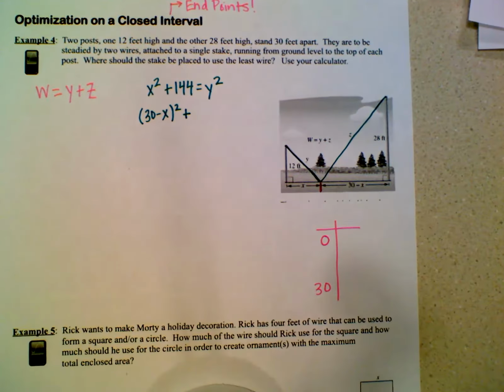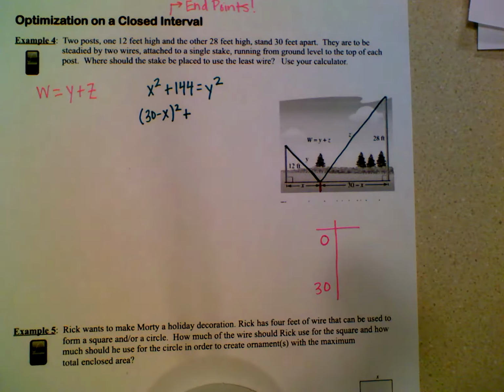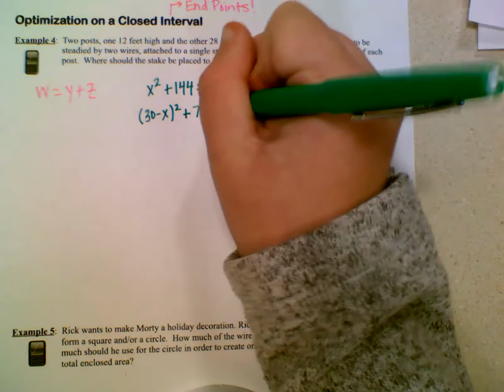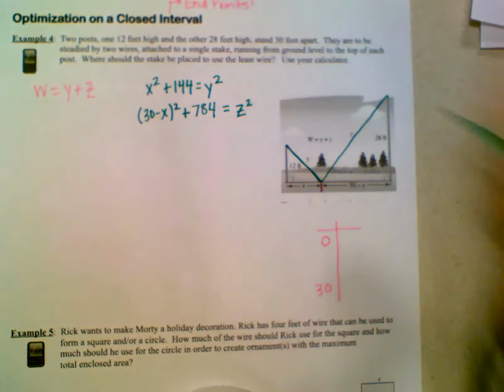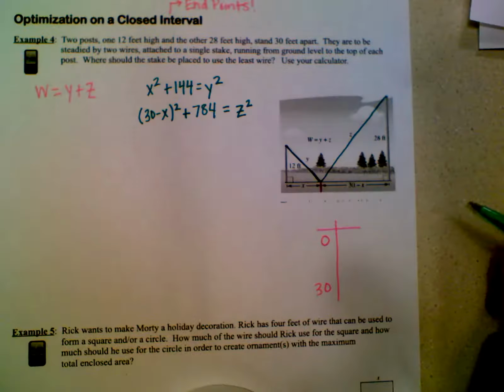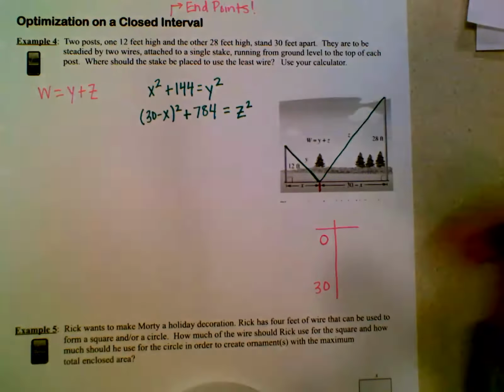Maybe my calculator, hold on. 28 squared is 784. And that's going to be equal to z squared. And so I have two secondary equations that I'm going to plug into my primary equation so that everything will be in terms of x.